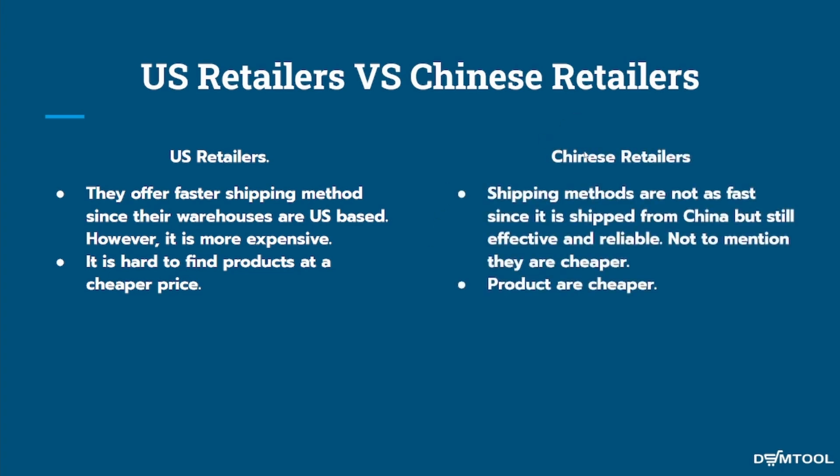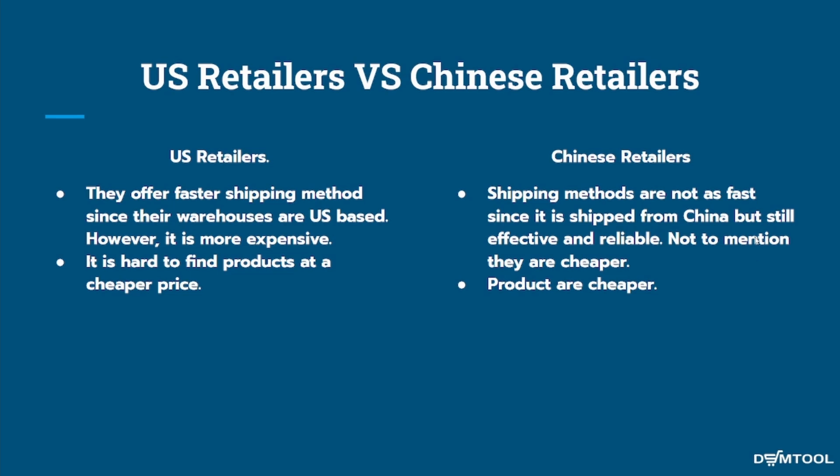Versus a Chinese retailer, even though the shipping is not as fast, it takes around 2 to 3 weeks tops, using AliExpress standard shipping or ePacket, which are expedited methods through air cargo. But you can still find a lot of products at a very low price. So that is why I choose this one, at least at the beginning.